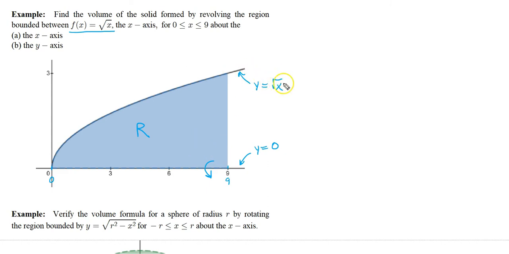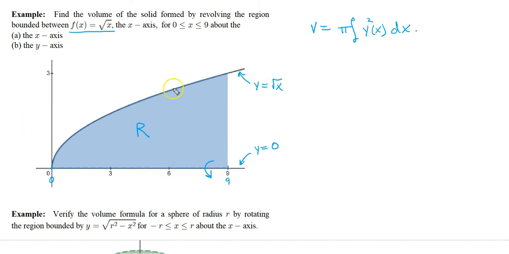So in this case, we see it's pretty easy. Our volume is just going to be that, that's our formula that we want to use. Notice this y represents an outer radius.